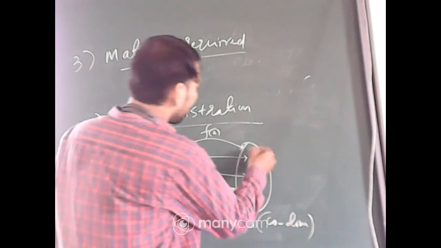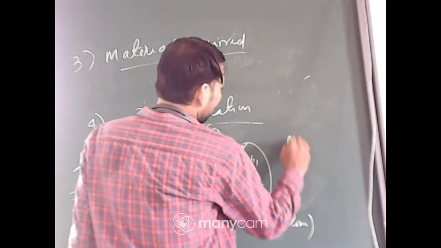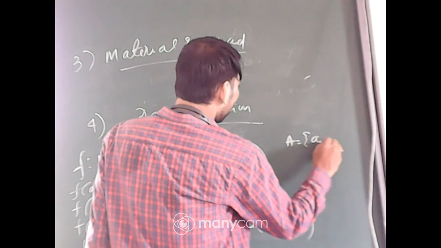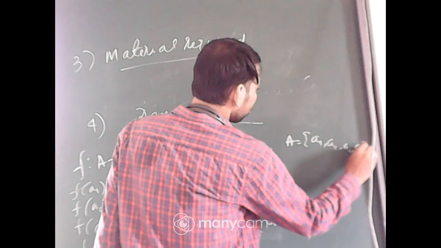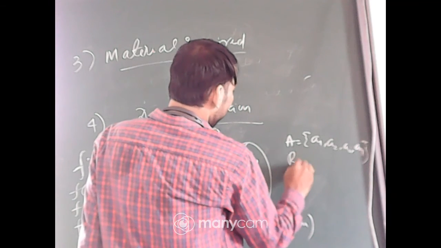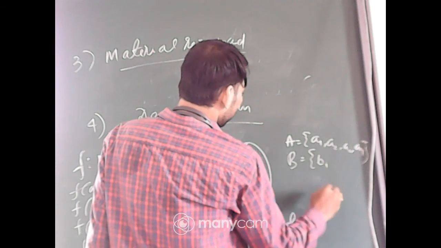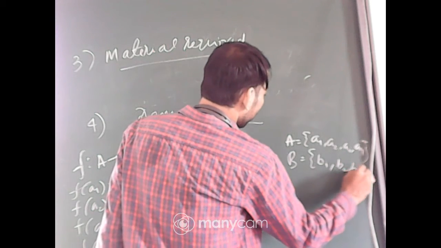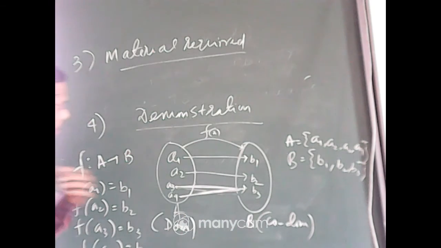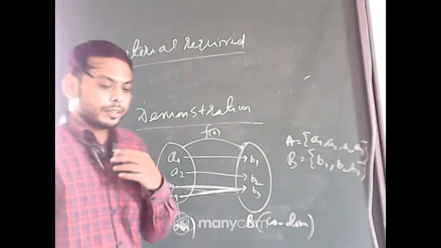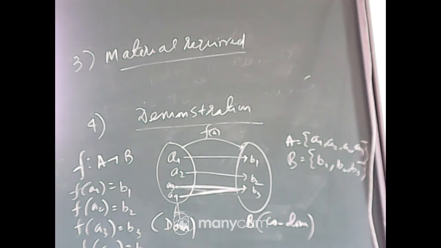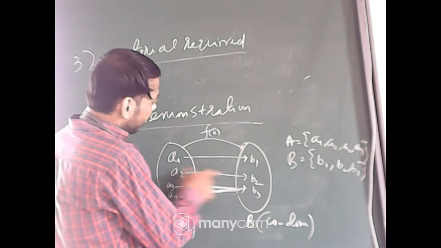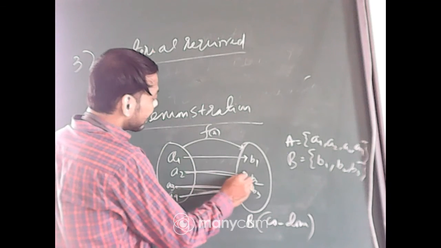Now there are only 3 points in the codomain. Here A contains a1, a2, a3, a4, 4 points, and the codomain contains b1, b2, b3. So the function covers the whole codomain. That's why it is onto mapping. But you can't say this is 1-1 mapping. So you can use thread for making these arrows.